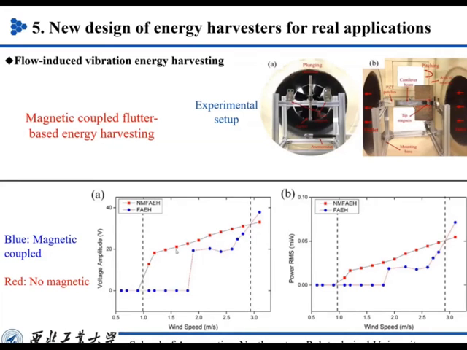We found the cut-in wind speed of the magnetic coupled one is lower than the traditional flutter energy harvester. That means if we put the magnetic coupling in the flutter-based energy harvester, it can efficiently harvest energy from low wind speed.